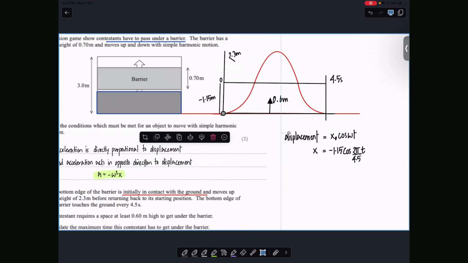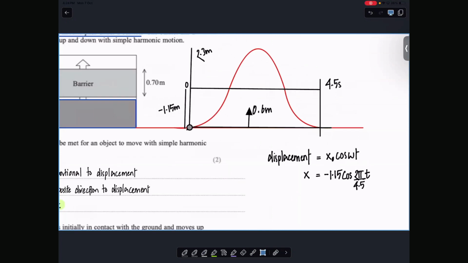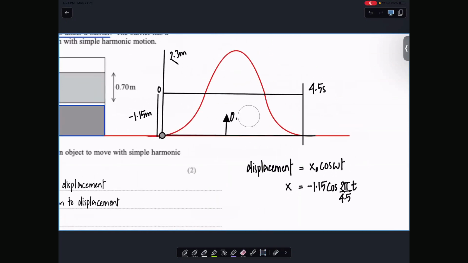I will repeat. I need to be 0.6 meters from the bottom, right? But from the center, how far do you need to be? Yes, very good. Because this is going to be minus 1.15 and minus, so plus 0.6. This is minus 0.55 meter. So you need to find out the time at which the object reaches what distance? Minus 0.55. So we have to do the math.